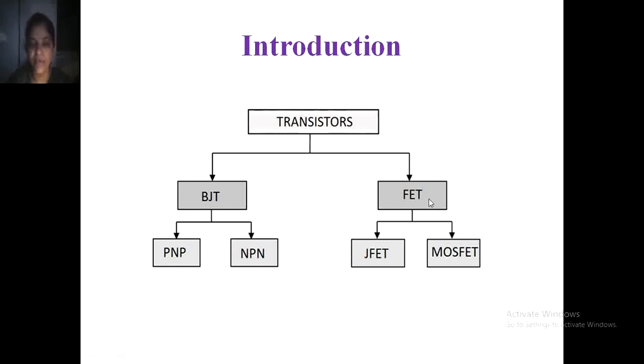And the FET is the field effect transistor. It is also known as the unipolar transistor because only one charge carrier is responsible for the flow of current. For our Electronic Devices and Circuits syllabus, it is related to the FET.